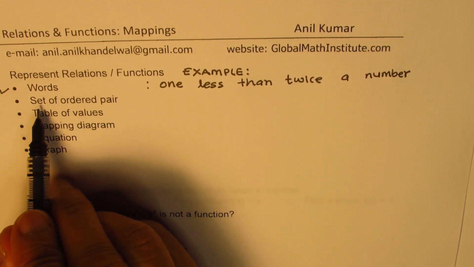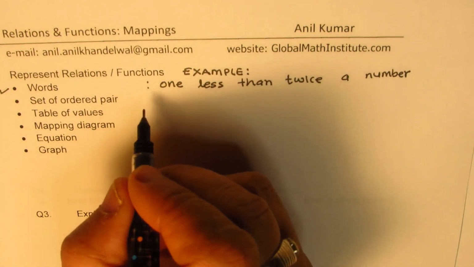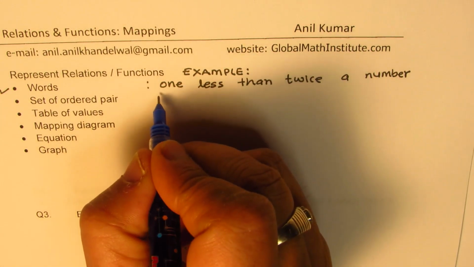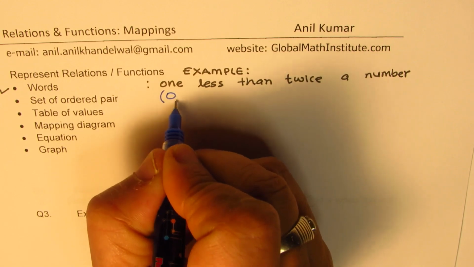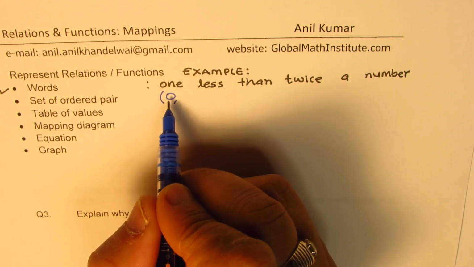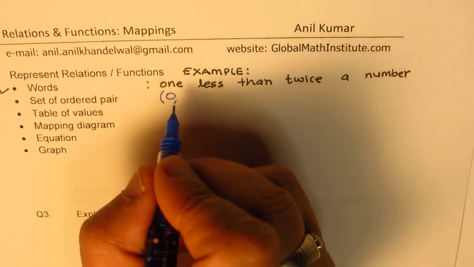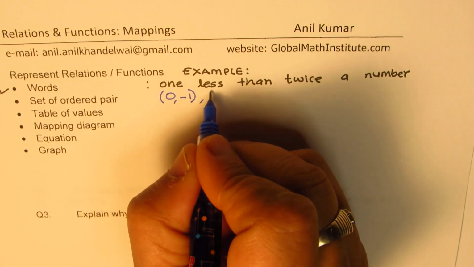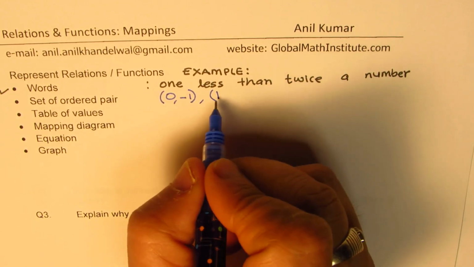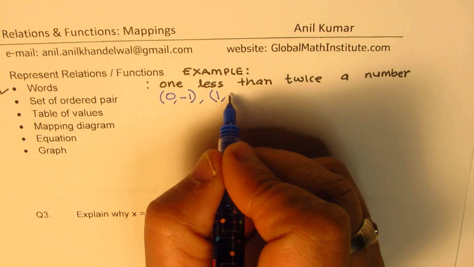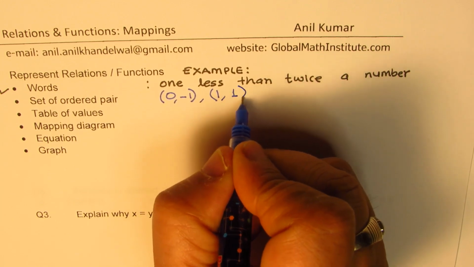So in the form of a set of ordered pairs, we can say that if the number is 0, so now we have 1 less than twice 0. Twice 0 means 0 minus 1, so we get negative 1 as our output. Now if 1 is the number, twice 1 is 2, and less 1 is 1, right?